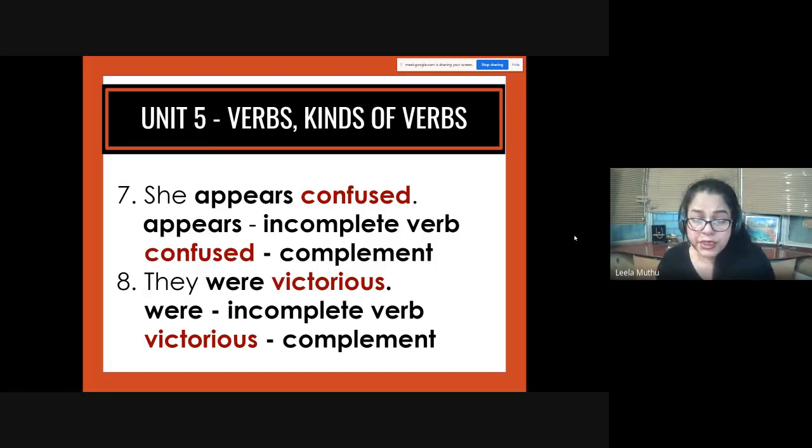They were victorious. Were is the incomplete verb. Supposing I say they were, you won't know what I'm talking about. But if I add, they were what? They were victorious. Victorious is the complement which completes the sense of the verb were. So were is the incomplete verb and victorious is the complement.